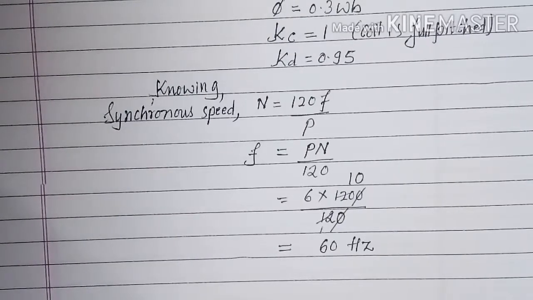Next we need to calculate number of turns per phase. For that we must know the number of conductors per phase. So first we will calculate the number of conductors per phase.